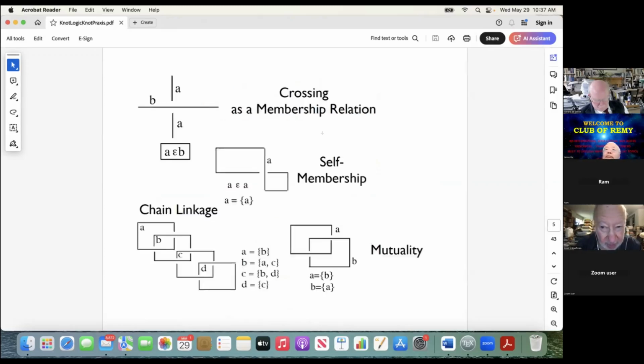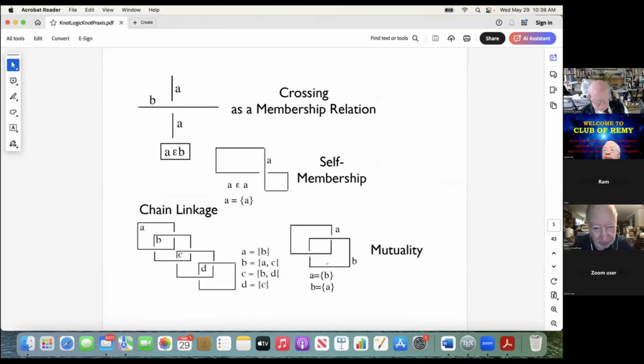So for example, here, I could have self-membership like this, or I could have mutual membership like this. A is belonging to B, but B is also belonging to A. And if you look at the link that way, then it represents a mutuality.